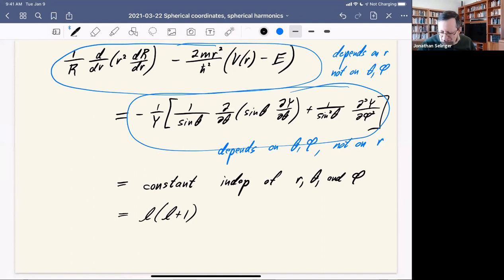Why not just call it C or something like that? This is a conventional choice, which I am not making up, and you will see that it leads to some simplification in a few minutes. But for now, just think that's a weird choice that I made for the name of the constant.